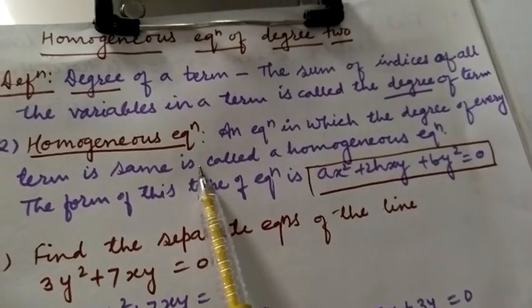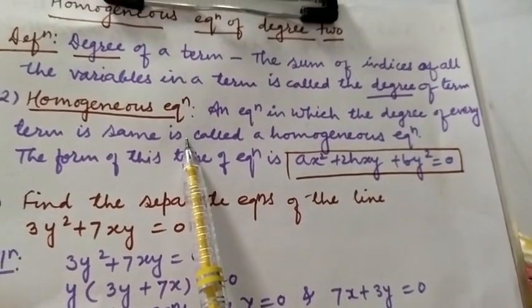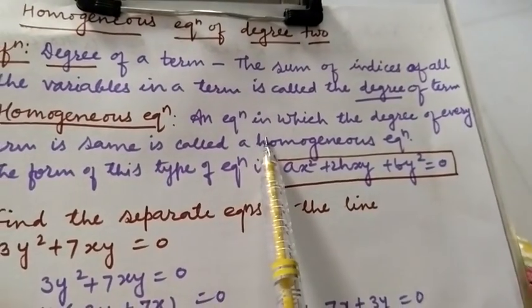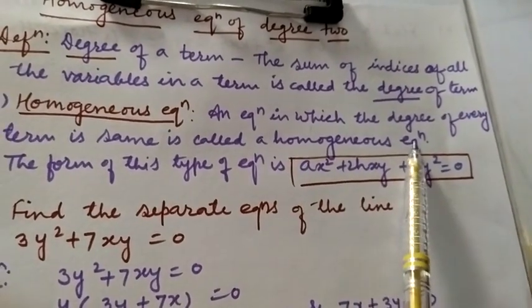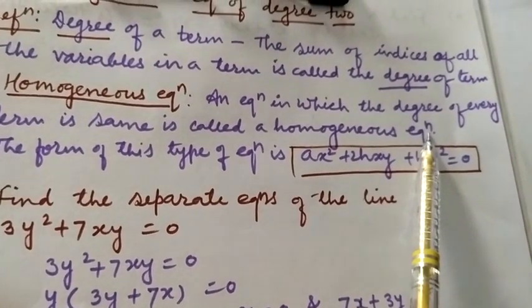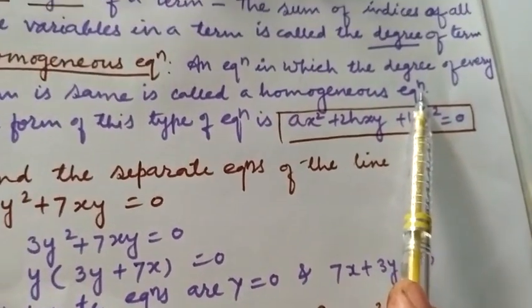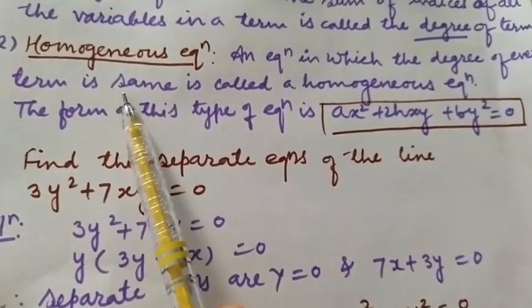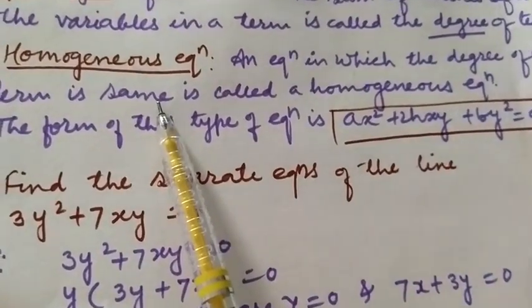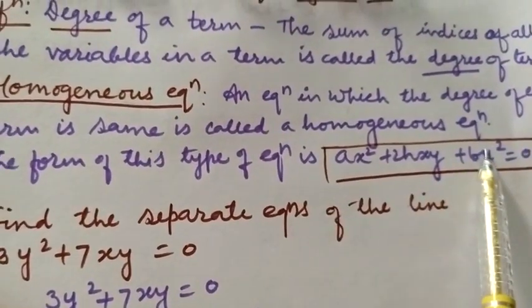Next is the homogeneous equation. What do we mean by homogeneous equation? An equation in which the degree of every term is the same is called a homogeneous equation.